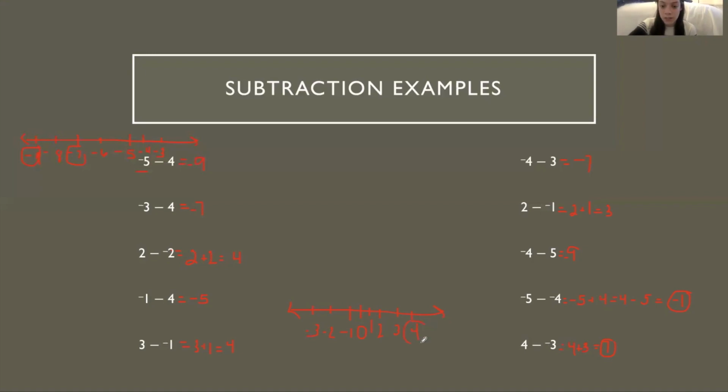So our 4 is right here. Oh, sorry, I just completely disregarded that. 5, 6, 7. We're subtracting negative 3 from 4. Again, we know that the negatives cancel each other out and create a positive. So adding 3, 1, 2, 3 gives us positive 7.